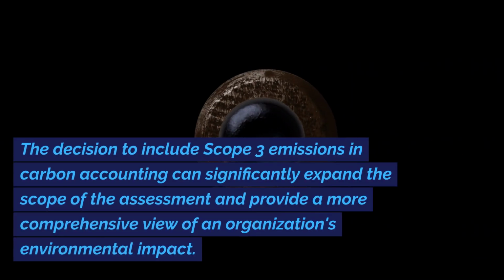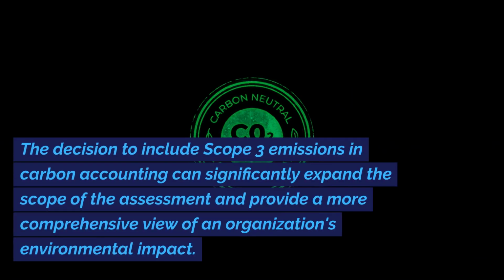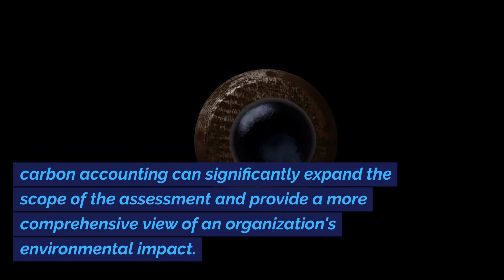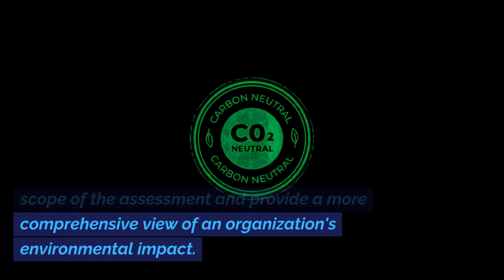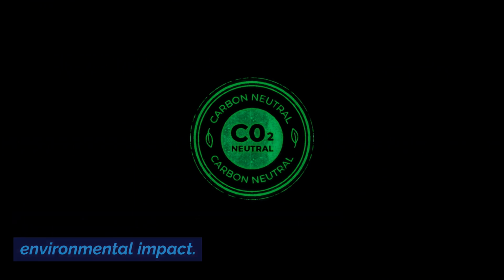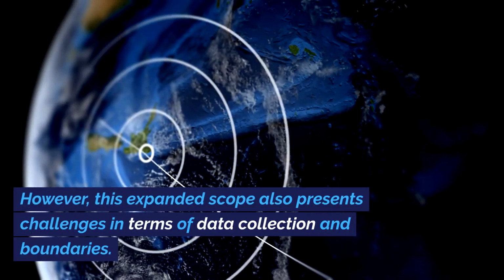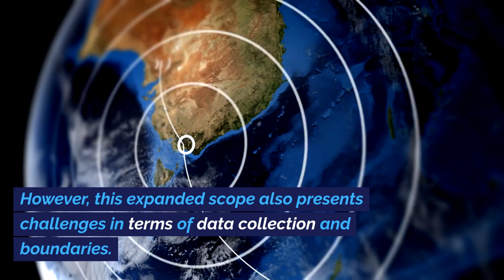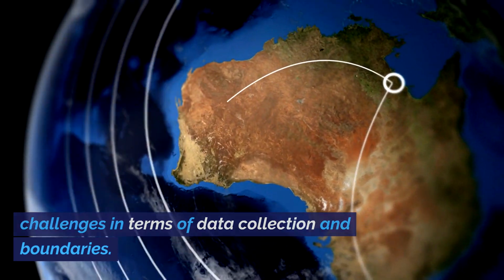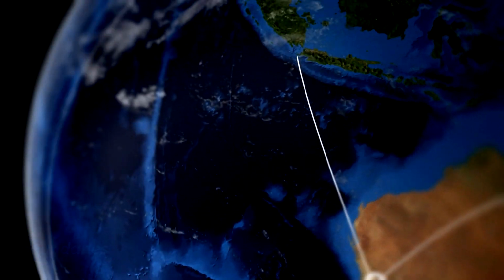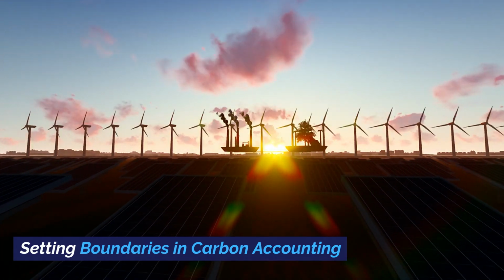The decision to include Scope 3 emissions in carbon accounting can significantly expand the scope of the assessment and provide a more comprehensive view of an organization's environmental impact. However, this expanded scope also presents challenges in terms of data collection and boundaries.